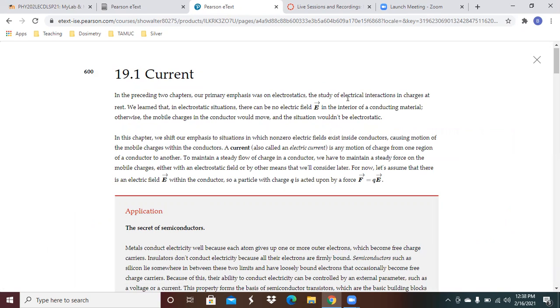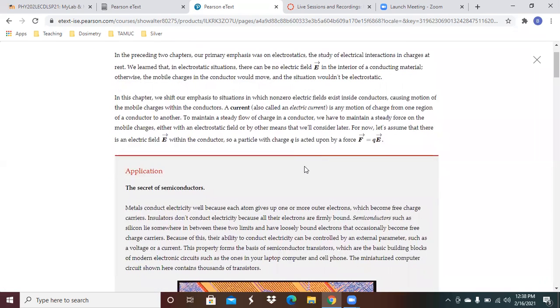In the past couple of chapters, we focused on electrostatics. There is no electric field in the interior of the conducting material. Otherwise, the mobile charges would move and the situation would not be electrostatic. In this chapter, that's going to change. We're going to have non-zero electric fields inside the conductors.